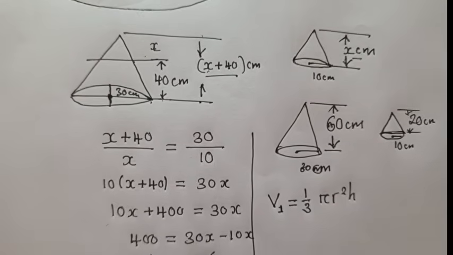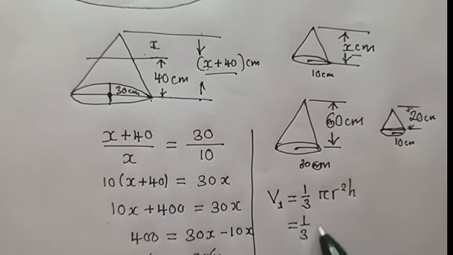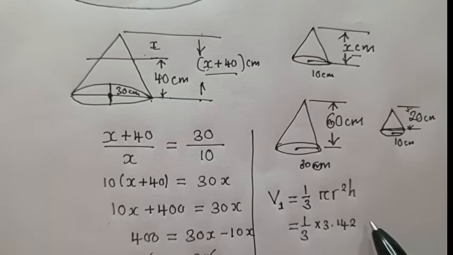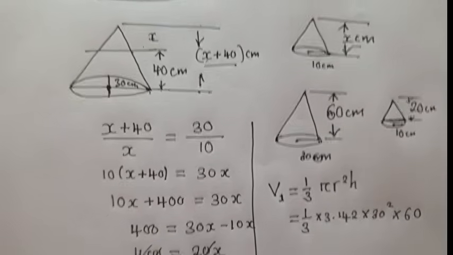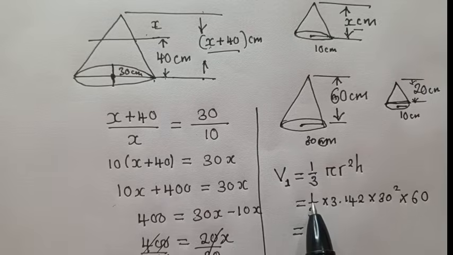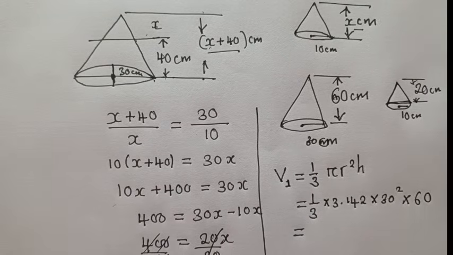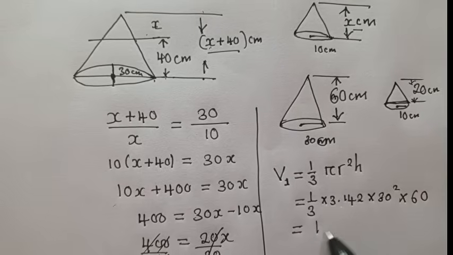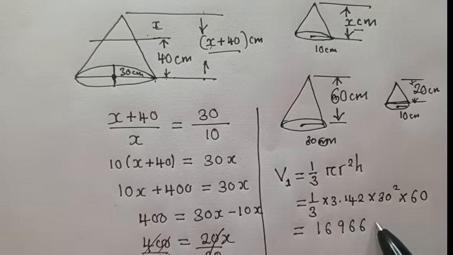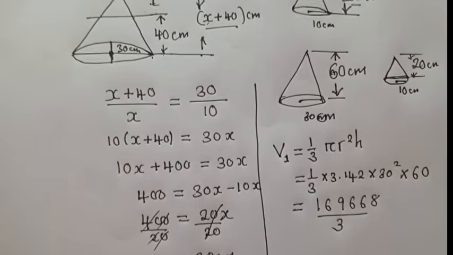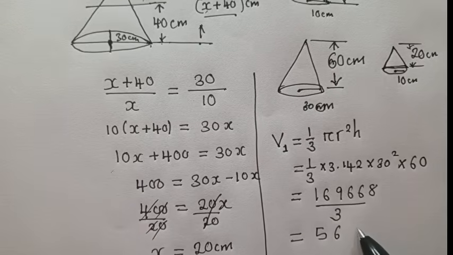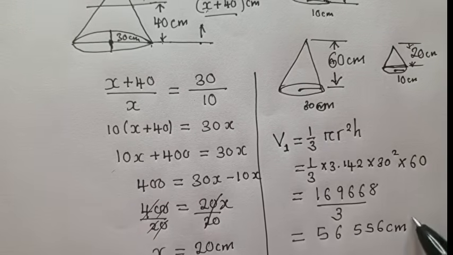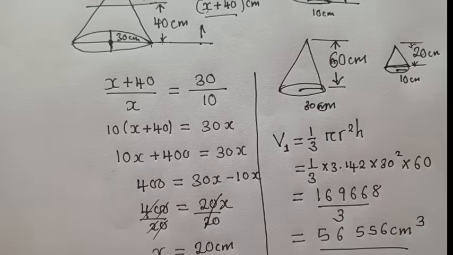So 1 over 3 times 3.142, that's our pi, times the radius 30 squared, times the height, which is 60. We get 16968 over 3, so when we divide by 3, the volume of the bigger cone is 56,556 centimeters cubed.